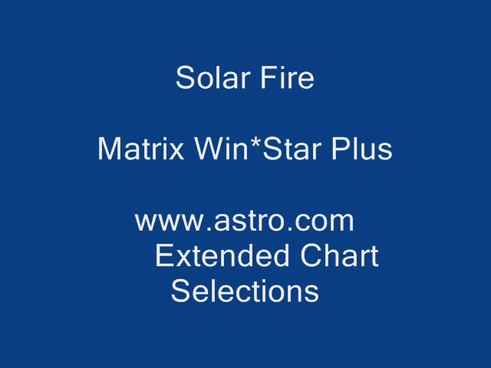On their homepage, under, I believe it's Extended Chart Selections, they now have the Draconic chart as an option, and as well, when we get into looking at the synastry between the Draconic and the natal, they also have that option so that you can put the Draconic on the outer wheel and the natal in the inner.